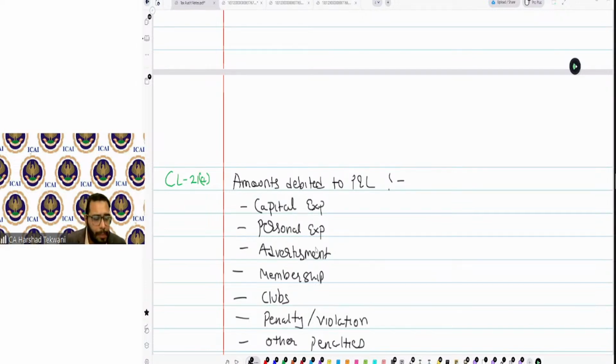So similarly, we have a requirement under section 143(1)(e) of the Companies Act. So if you are doing an audit of a company, a tax audit of a company, you can refer to the work which is done for section 143(1)(e) of the Companies Act.